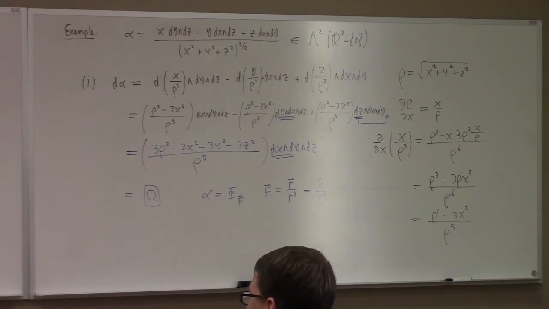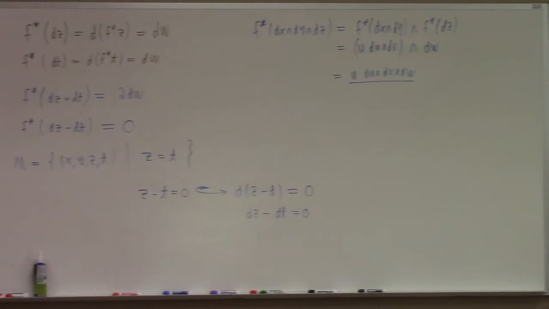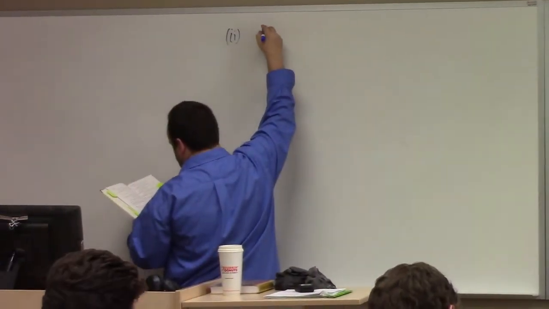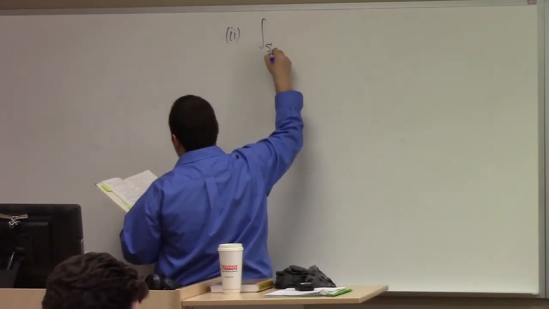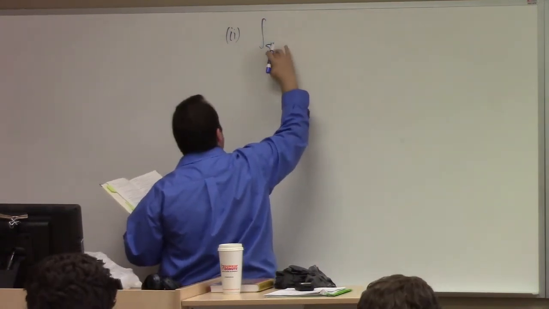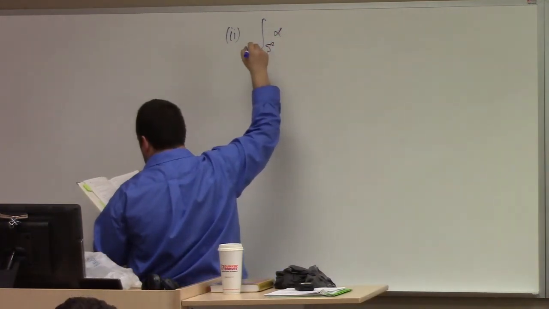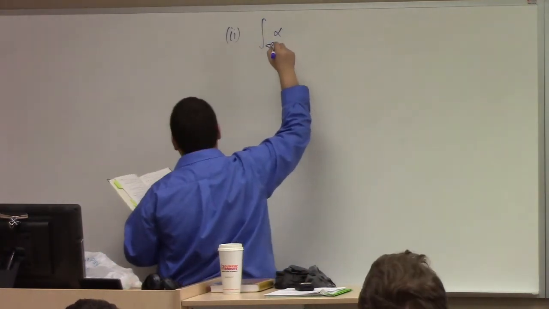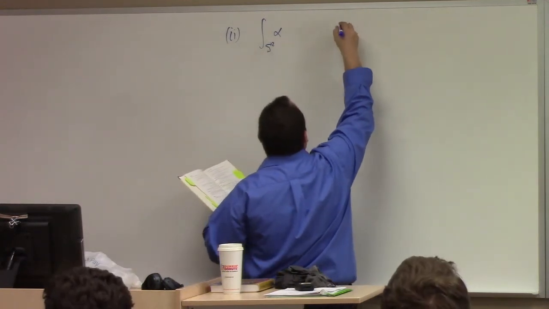We're supposed to calculate the integral over the unit 2-sphere, S2, of alpha. All right, so to do this, what we need is a parameterization of the 2-sphere.